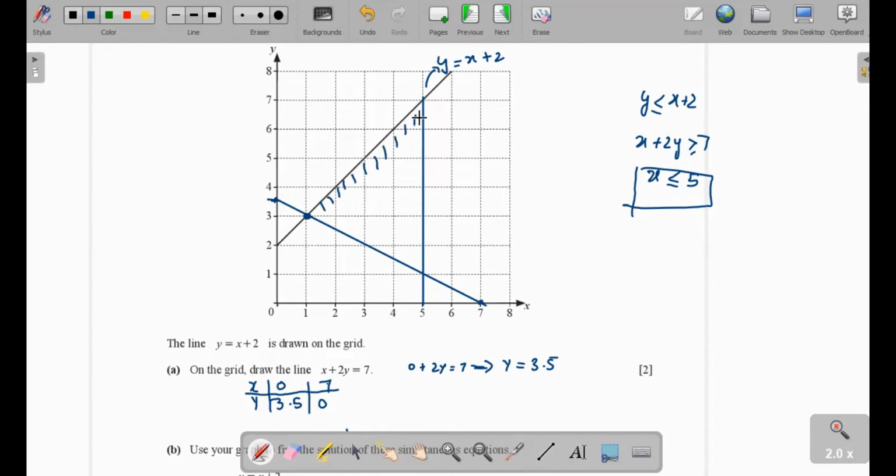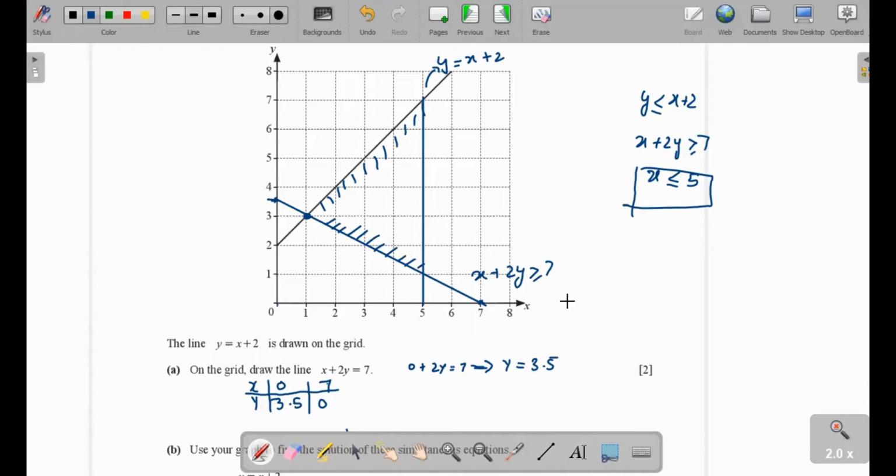Now the region x plus 2y is greater than 7: this line has an upper and lower region, and the upper region will be x plus 2y greater than 7.